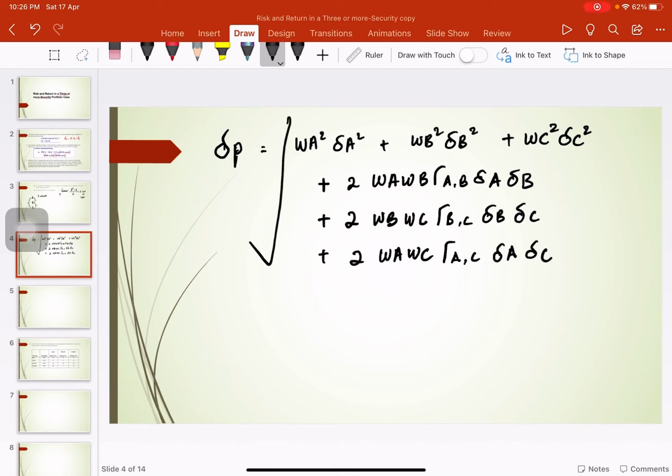So this is the formula of the standard deviation of the portfolio for the case of 3 assets.